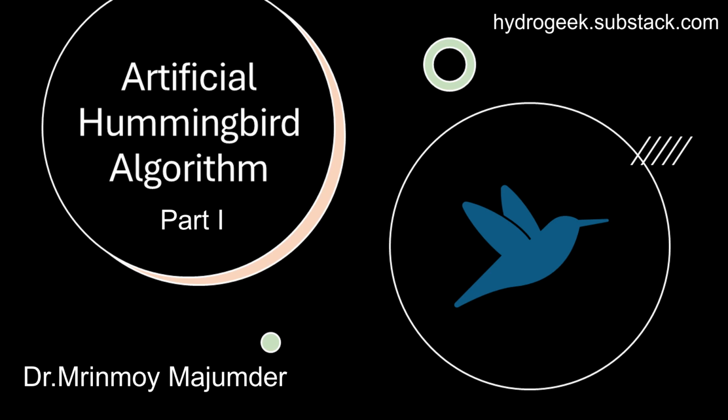Then to the next food source. And then when all the available flowers of the plant are finished, only then will it come back to the first one. And within that time, the nectar has been refilled by the flower, so it will have adequate nectar to drink. So this is the mechanism.